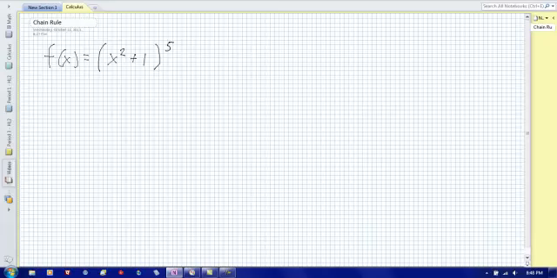First of all, notice there's an inside function that's inside this fifth power function. Okay, in order to do this derivative, we're going to take the derivative of the inside function.